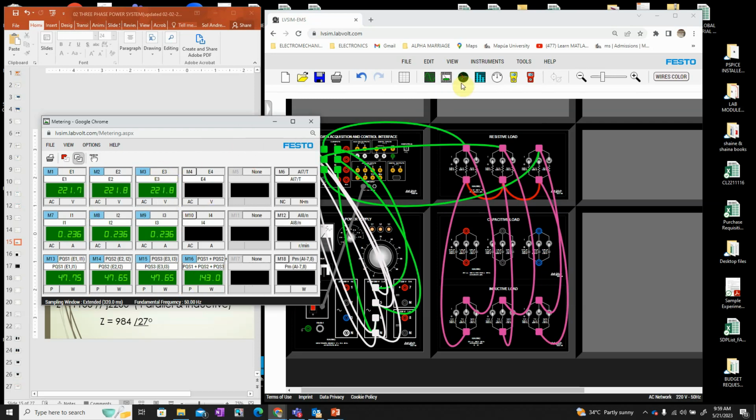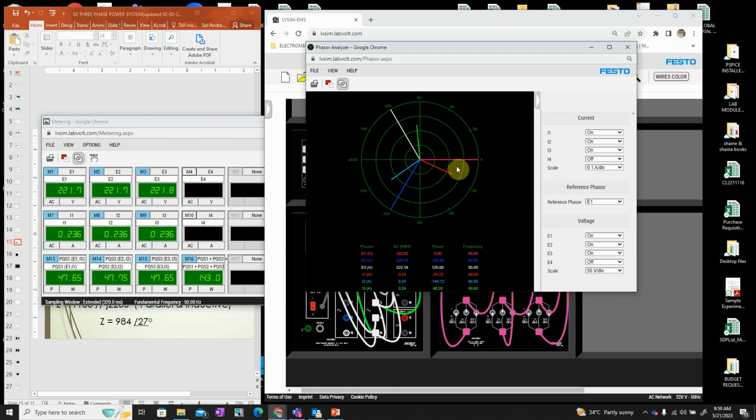Let's see, it's very important. From here, we have B4N, and this is the current, right? And this current is lagging by 24 degrees. I2 is lagging at minus 144. All these phase angles are with respect to the zero reference, right?